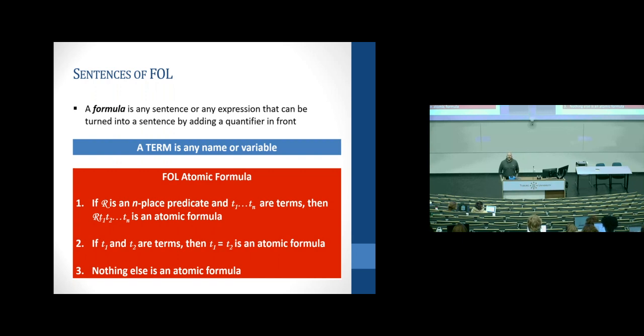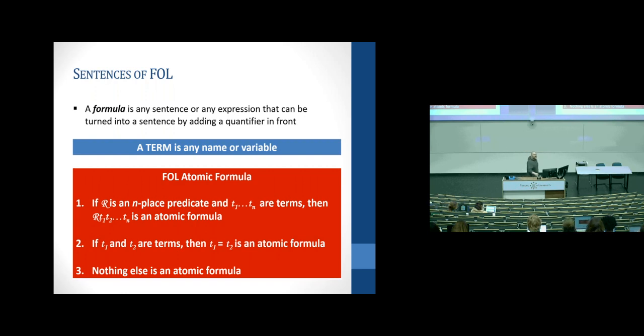Now, what's an FOL atomic formula? These are hideous. I'm going to read them and then explain them. One version of an atomic formula is if R is an n-place predicate and T1 through Tn are terms, then R T1 through Tn is an atomic formula. And two, if T1 and T2 are terms, then T1 identity sign T2 is an atomic formula.